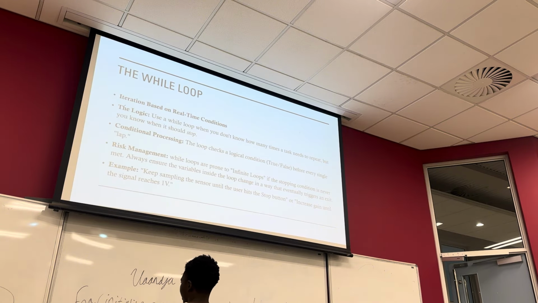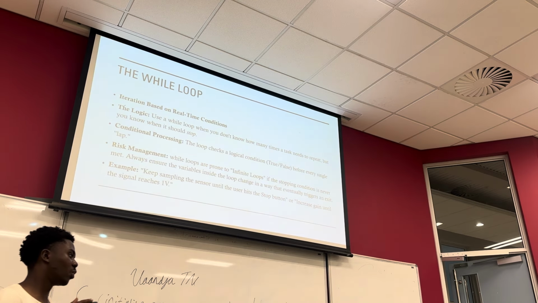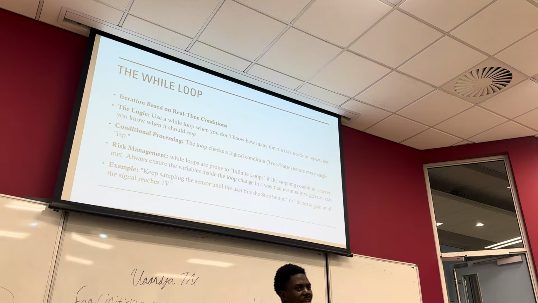Now, the parameters basically are what you want when you want the loop to stop. So now you could say for int I less than 10 maybe, and then you have the operation that you want it to do.